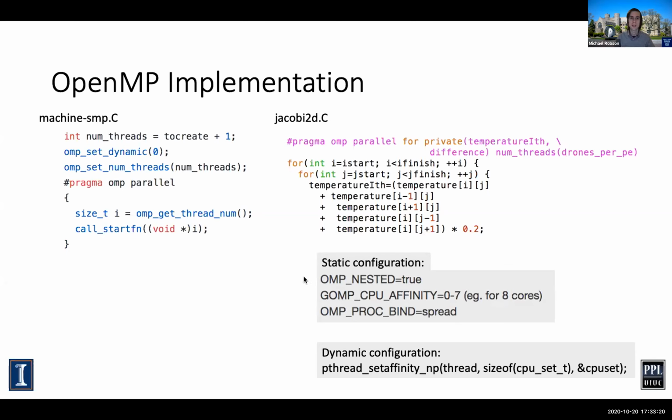So this configuration has both a static and dynamic option, where the static option basically uses OpenMP-style affinity to, in this case, if there are 8 cores, set affinity and then bind those processes in a spread fashion. Whereas, as we'll look at in a second, we can instead do dynamic configuration via the pthread set affinity call.